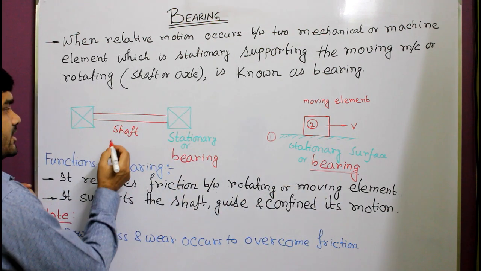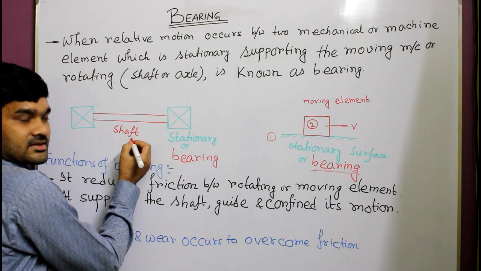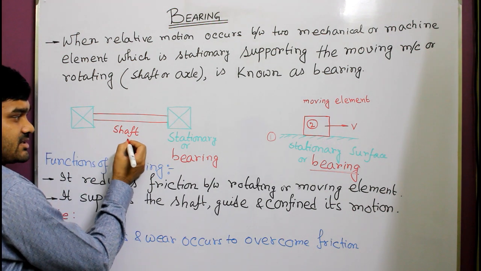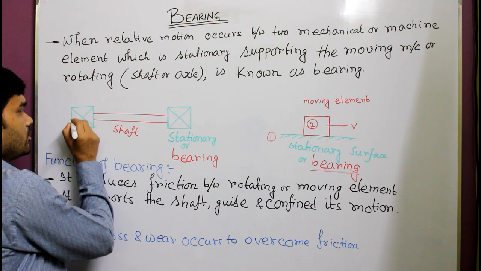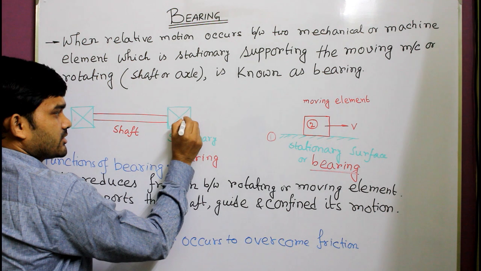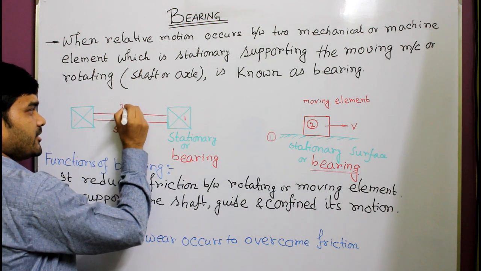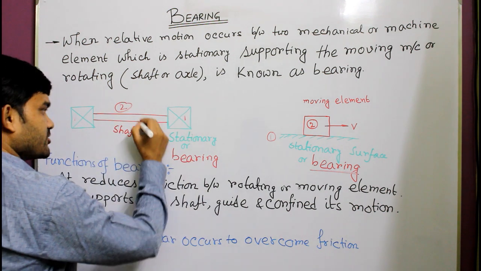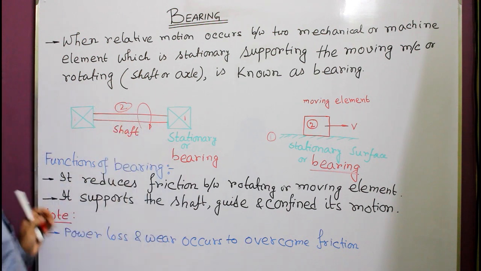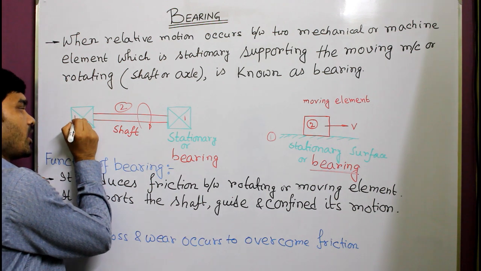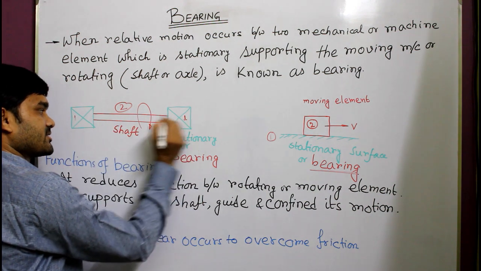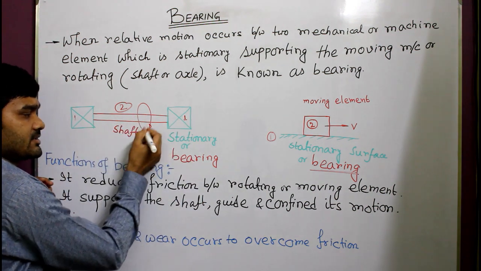But here we have a shaft or axle case. This is element 1 and this is element 2. The shaft is rotating at a certain angular velocity and element 1 is supporting and guiding this shaft.